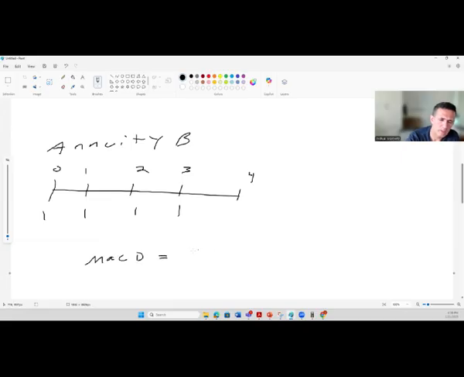All right, so this is just v plus 2v squared plus 3v cubed over 1 plus v plus v squared plus v cubed.